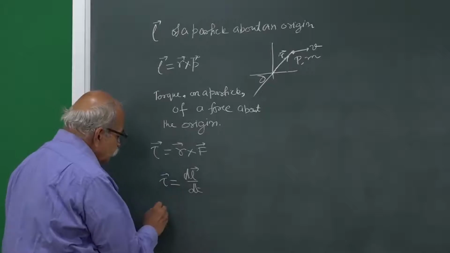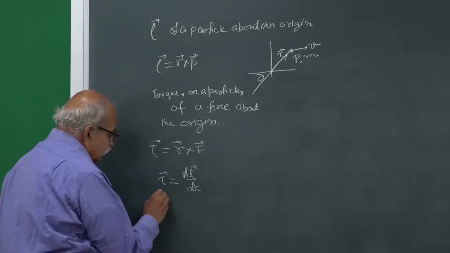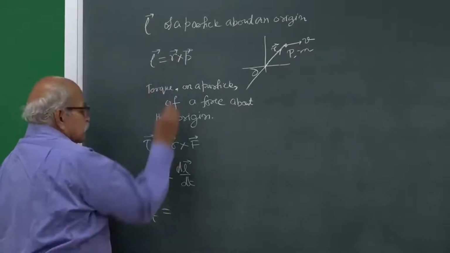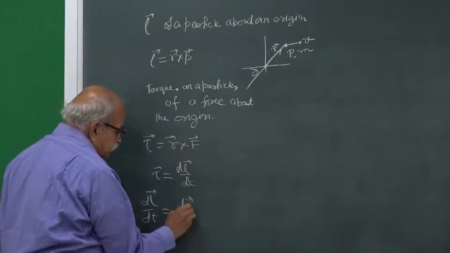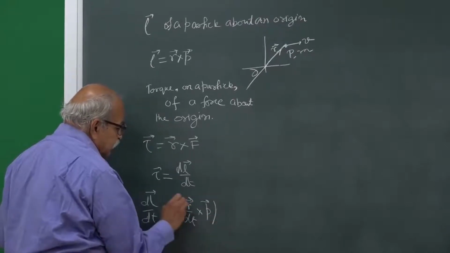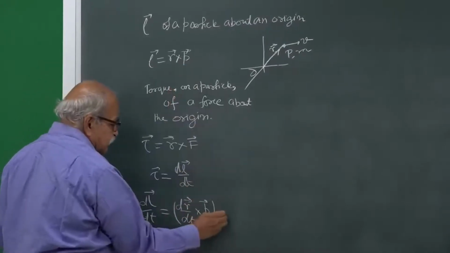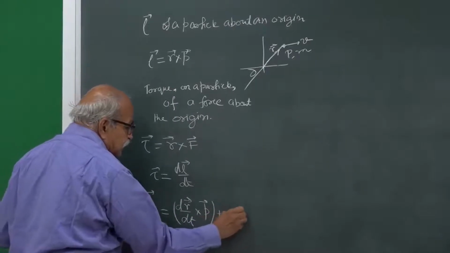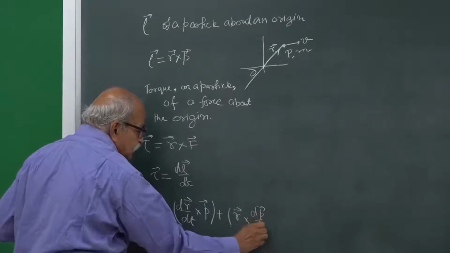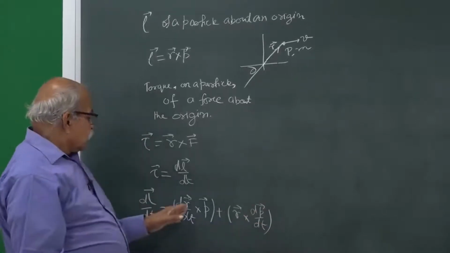Simple. L you know, so dL/dt, if you do it, will be differentiation of the first function cross the second function as such, and then the first function as such cross differentiation of the second vector.